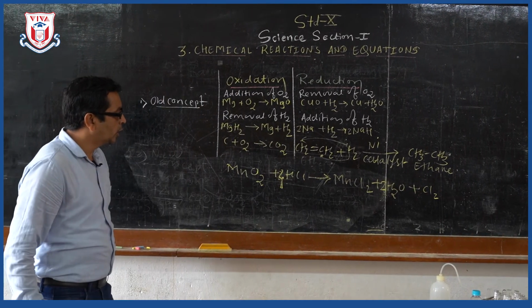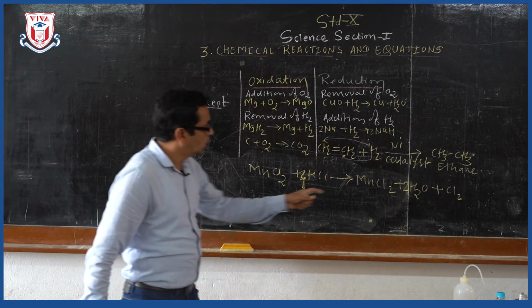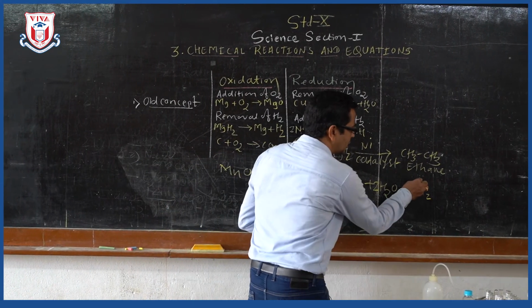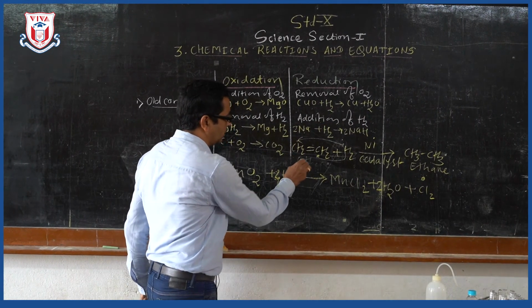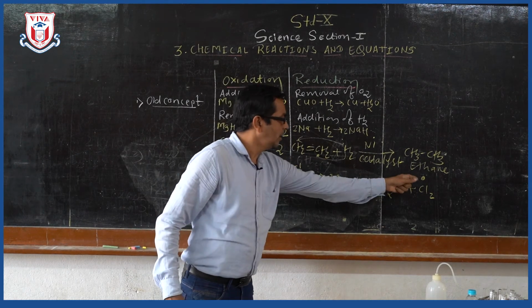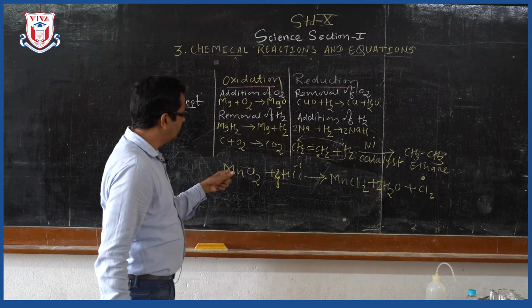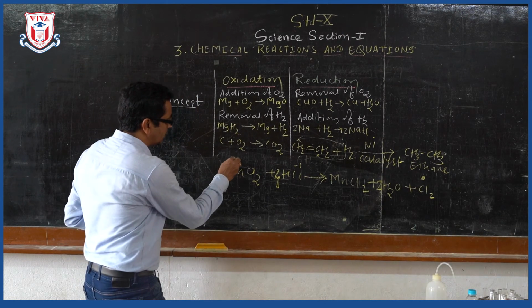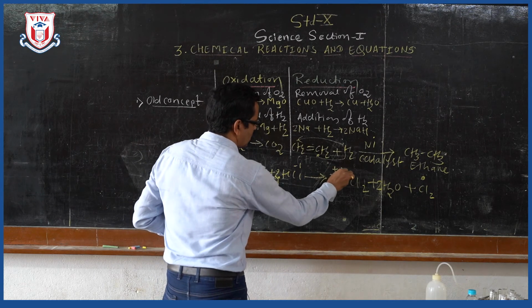Now here you will observe that this chlorine is 0, there is no charge, but in HCl it is -1. So from -1 to 0, its oxidation state increases, and in case of manganese, this is +4 and this is +2.